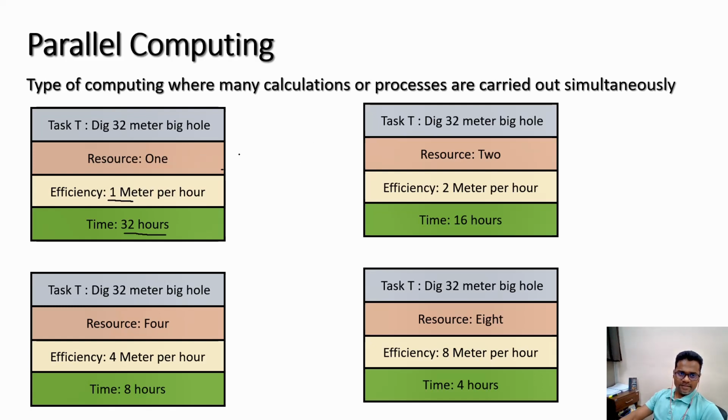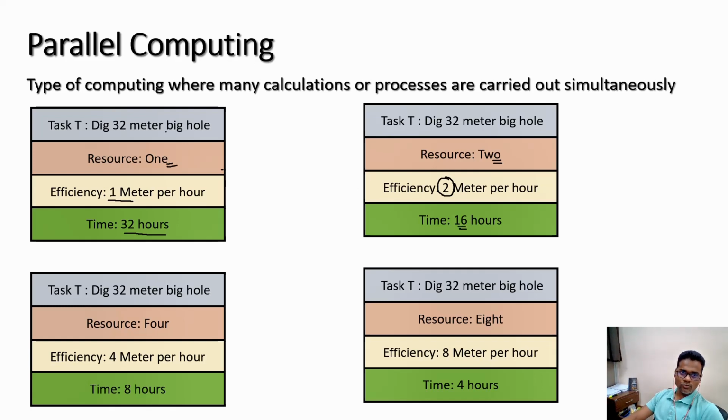Now if I increase the number of resources from 1 to 2, the overall efficiency becomes 2 meters per hour, because one resource is 1 meter per hour. Now the overall task can be performed in 16 hours.